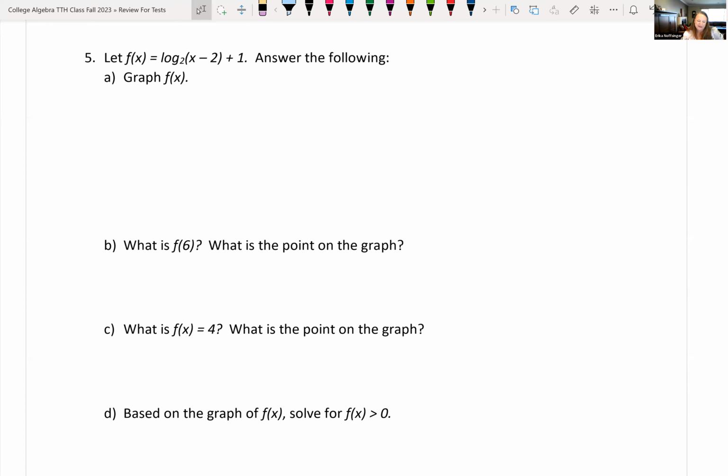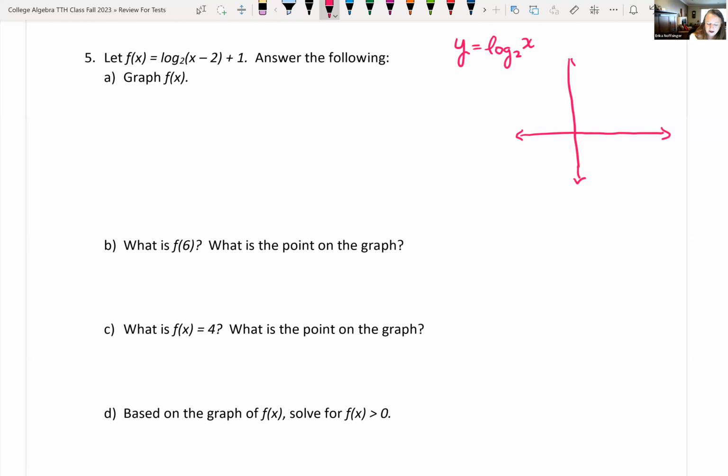So the next question in front of us, let f of x equals log base 2 of x minus 2, and then outside of that parentheses, x minus 2 is plus 1. So we can graph this, think of it by using transformations. If we were looking at transformations of y equals log base 2 of x, knowing the general shape of what our log looks like is helpful.